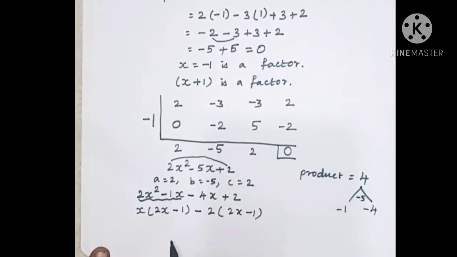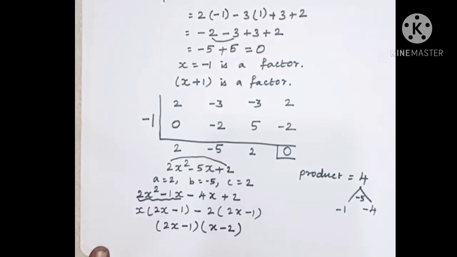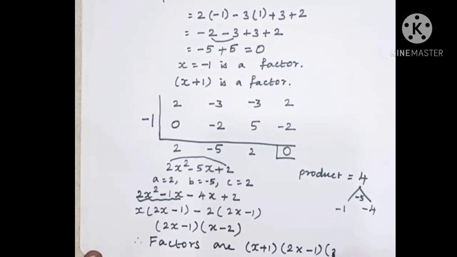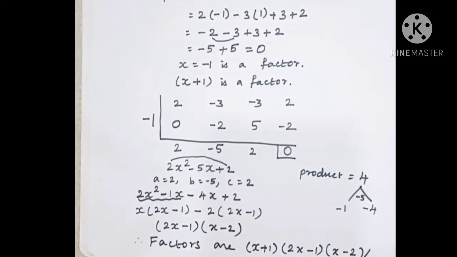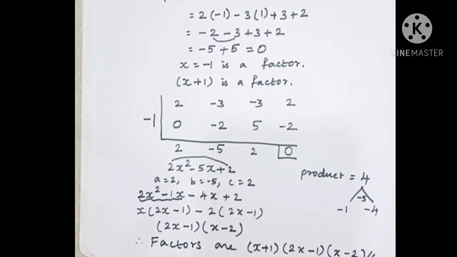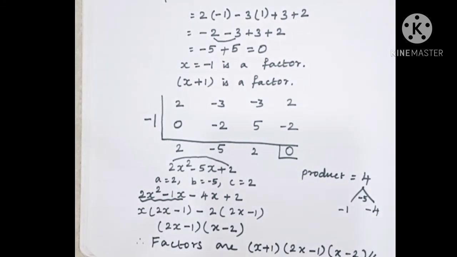Now inside the bracket we have 2x minus 1 and outside the bracket we have x minus 2. So the factors are x plus 1, 2x minus 1 and x minus 2. These are the factors of this expression.